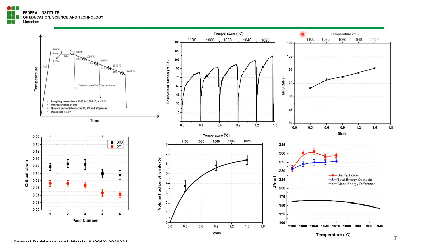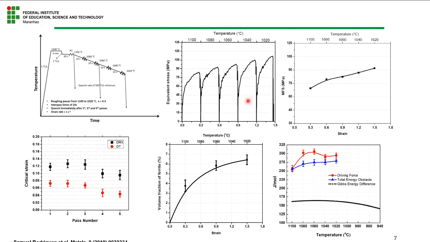Here for the temperatures that were used, we see that there is an increase, but not a sharp increase. This is because we have two softening mechanisms: the phase transformation due to DT, and also the softening due to DRX.